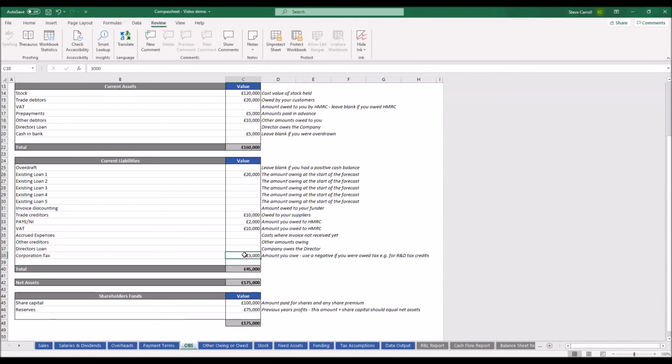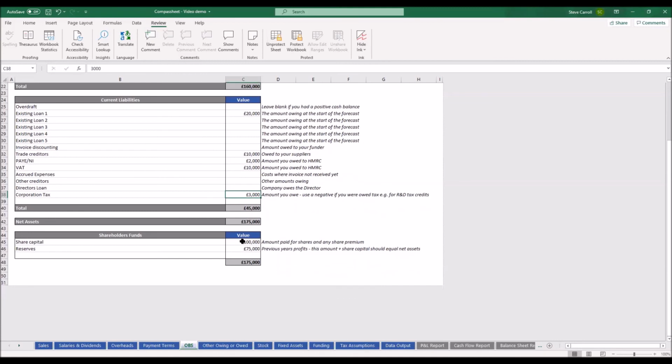And corporation tax is where you owe HMRC. If you've got some R&D tax credits owing to you, put a negative in there. When that is paid to you or you pay it, that goes into the tax assumptions tab. At the moment, all we're putting in here is what the balances are.